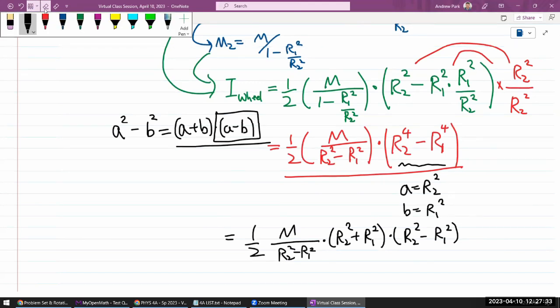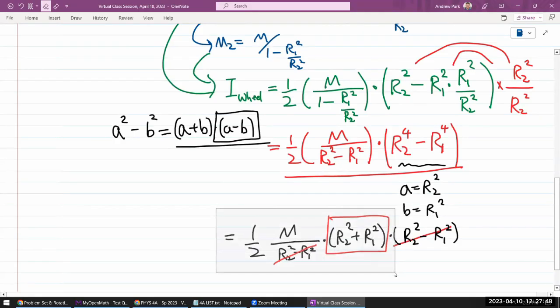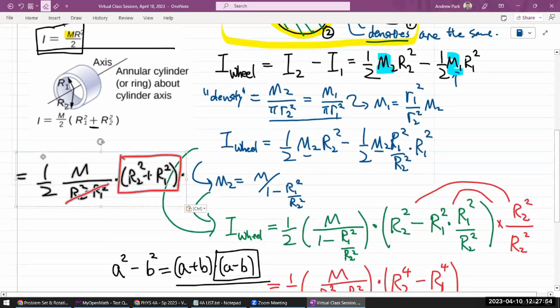Now, this r2 squared minus r1 squared occurs here and here, so they cancel out. And this is how they got that weird addition of radii squared in the textbook formula. So if for no other reason, that would be one reason to try this out, because it'll show you the derivation of the textbook formula.